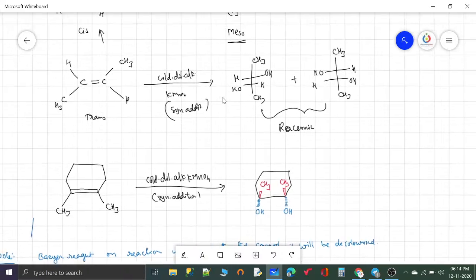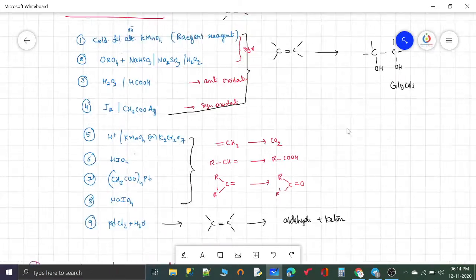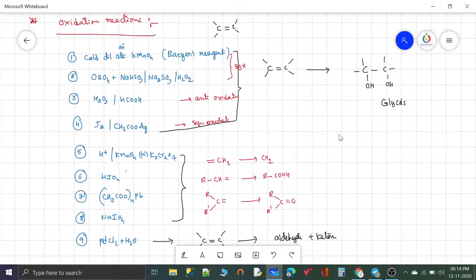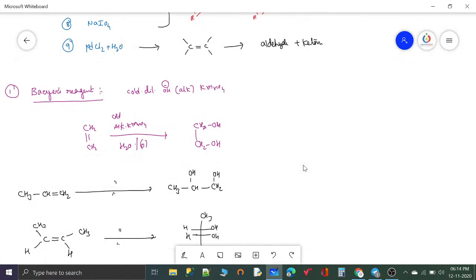If you want, you can watch that video. In yesterday's session we completely covered the reagents and which molecules give glycols, like cold dilute alkaline KMnO4, osmium tetroxide, H2O2 and iodine. Except H2O2, the rest of these reagents give syn addition products. So we shall see those molecules now.